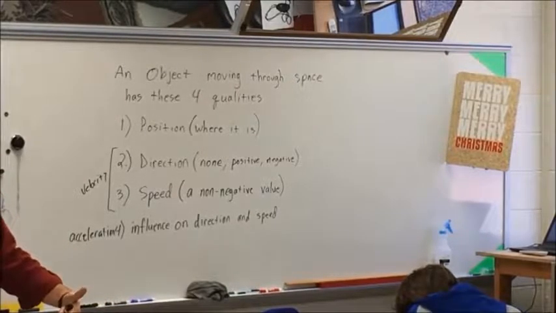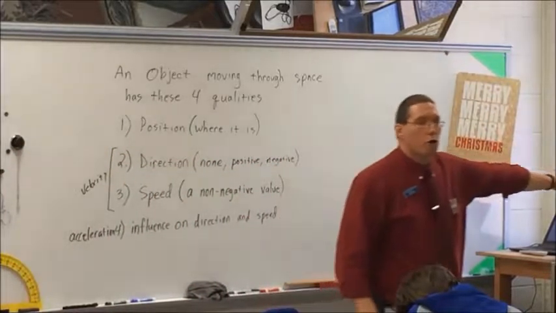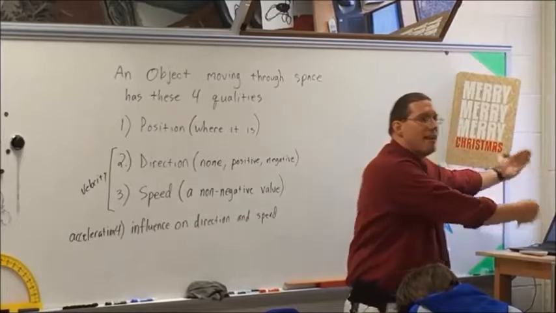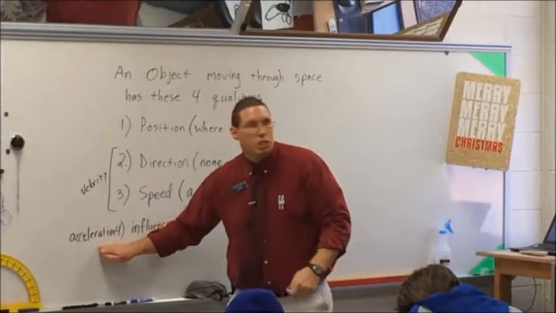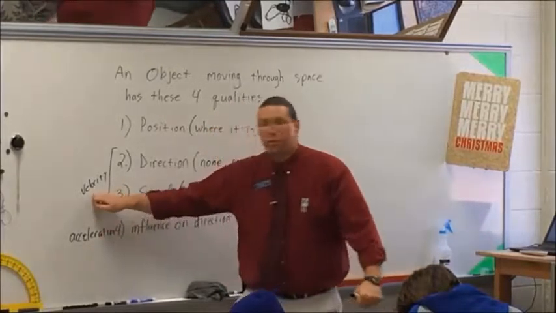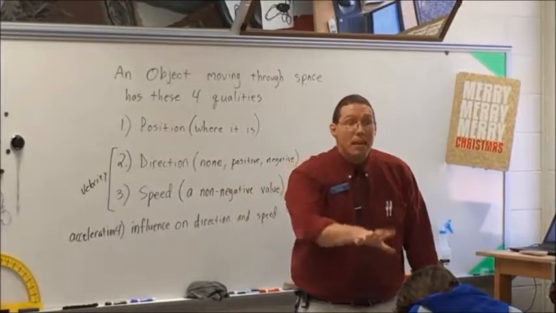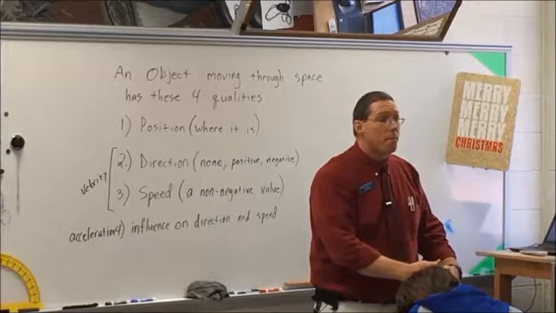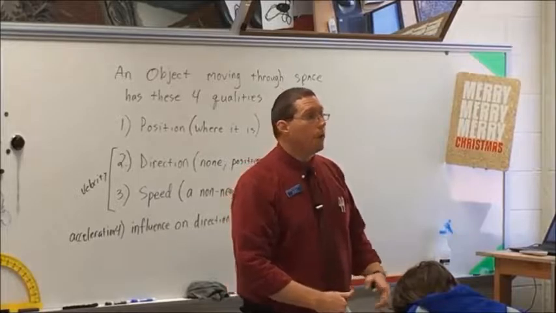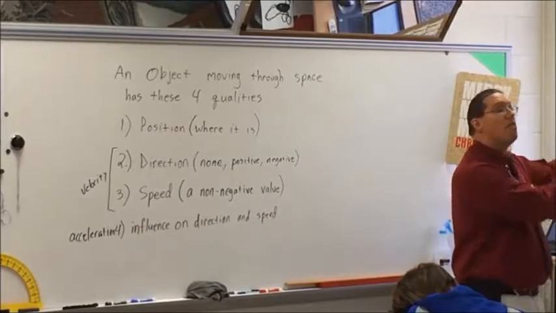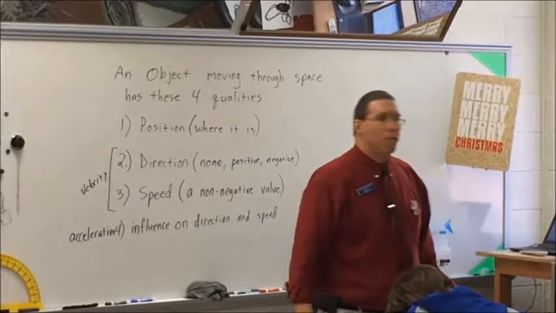However, if the object is moving in a rightward direction and receives negative acceleration, the acceleration is working against the velocity, which will cause the speed first to decrease and eventually become zero. Then the object will change direction and move in the other direction.